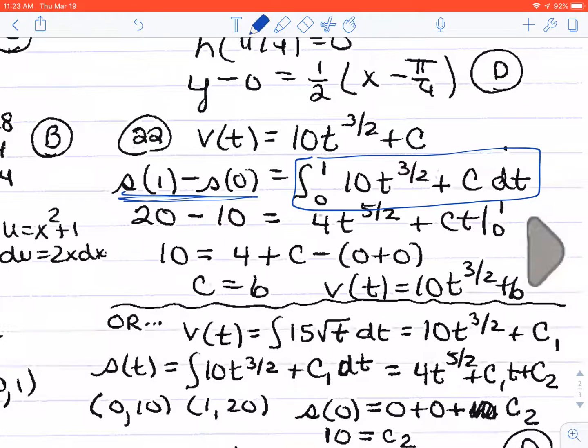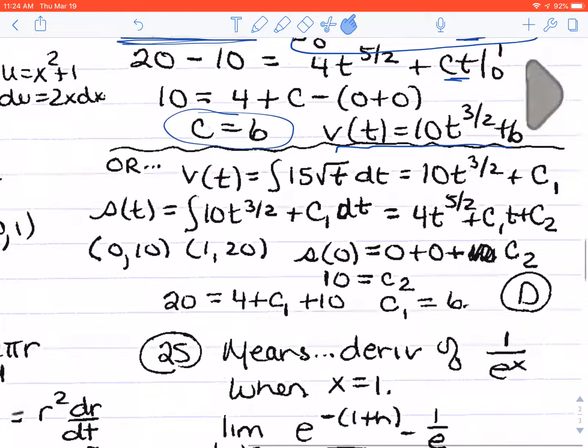They gave us the position at 1 and the position at 0, and we can integrate this velocity function. Now c is a constant, so when you integrate it, you'll get c times t, and then we'll evaluate that using the fundamental theorem from 0 to 1. So when we plug that in, we'll be able to solve and find the c value. And then they ask us the velocity function at time 0, so we can give that answer as 6, which was answer D.